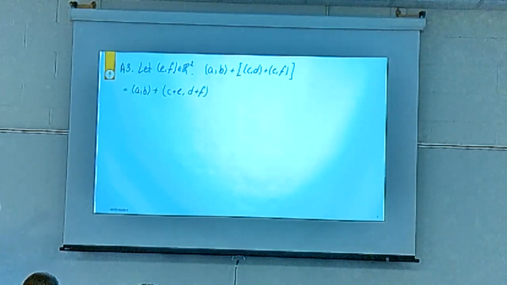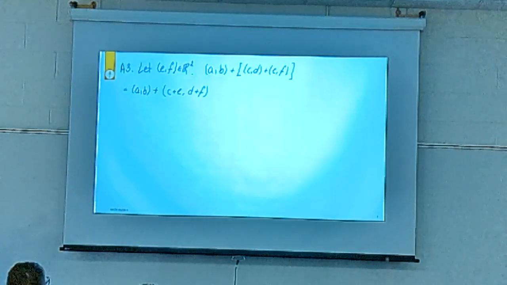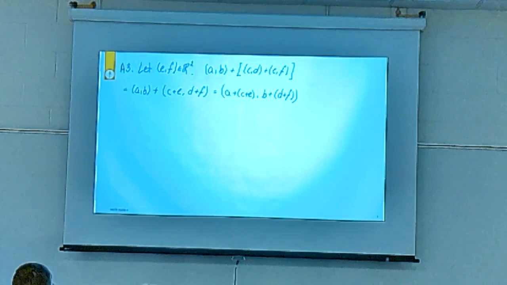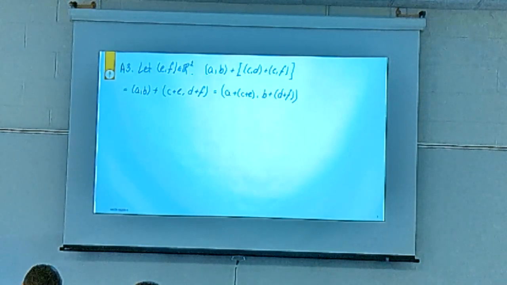So that grouping, that's c plus e, d plus f, by definition. So there's our new vector. A, c, and e. You have to have it.